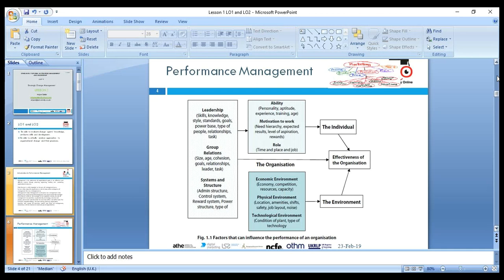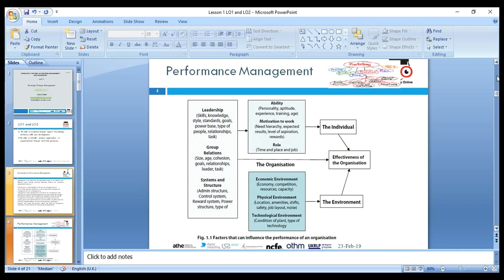Size, age, coherence, goals, and relations: all of this is the system and structure we need as a leader. Abilities: people, personalities, attitudes, training, motivation to work, and organization, which includes economics, environment, and physical factors. We need to look at all of it.